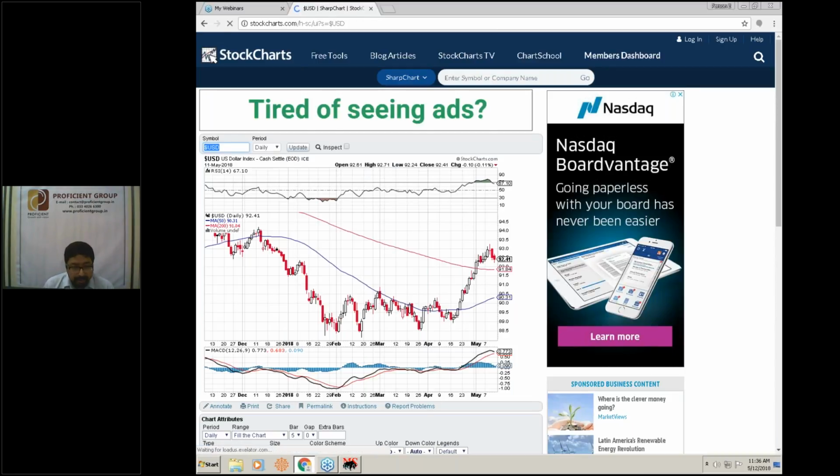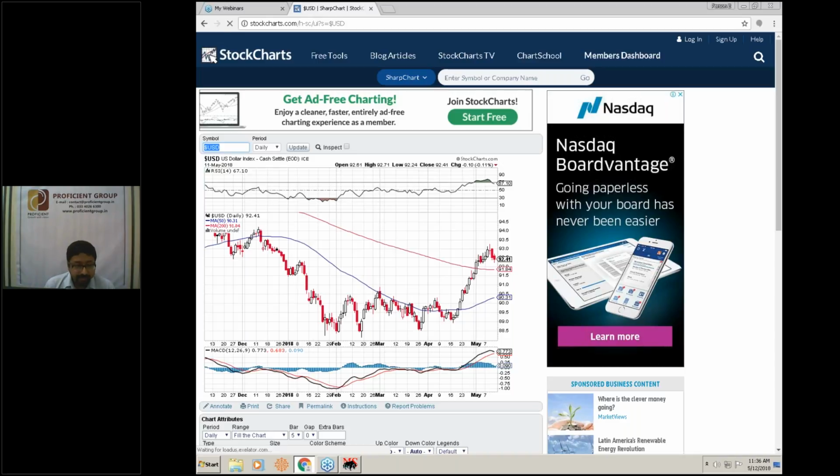This is the dollar index chart, and as you can see, since middle of April, dollar index, which is a measurement of how the US fiat currency, which is dollar, is quoting against 5 other major global currencies, that is what the dollar index measures.